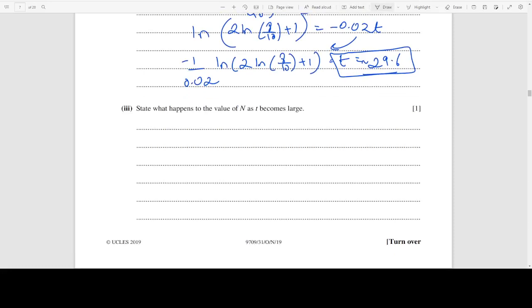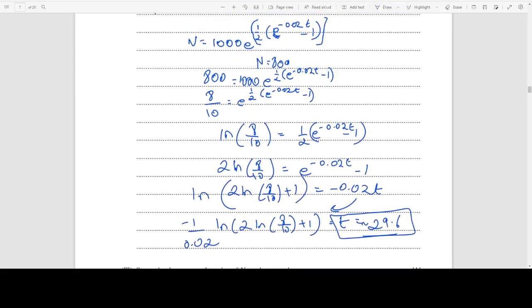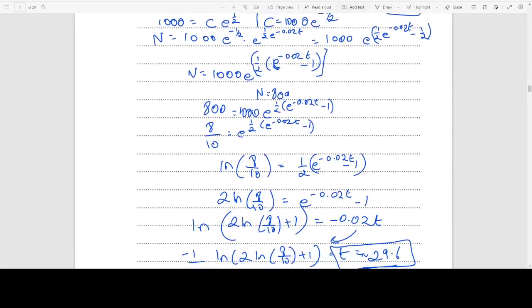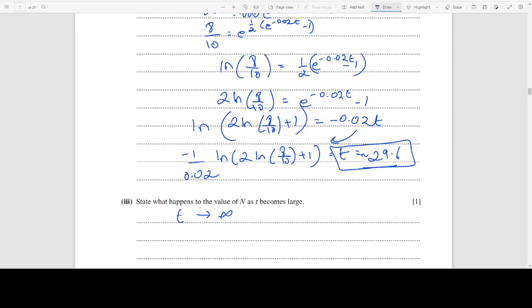State what happens to the value of N as t becomes large. So t approaches infinity, and where's the equation? Yeah, here it is. N equals 1000 e raised to half minus 0.02t minus 1.